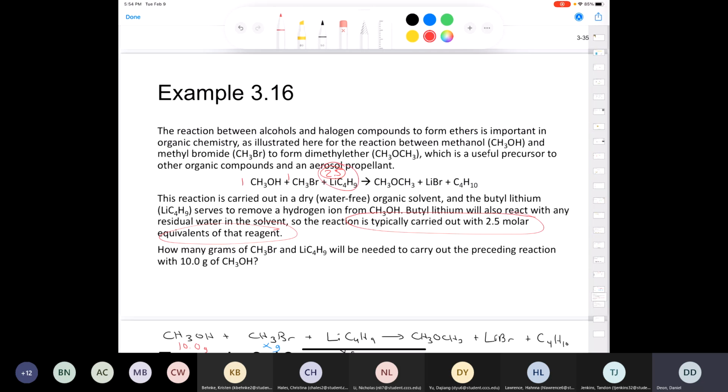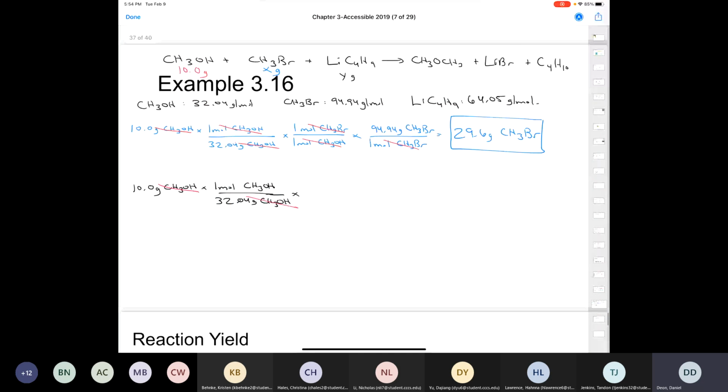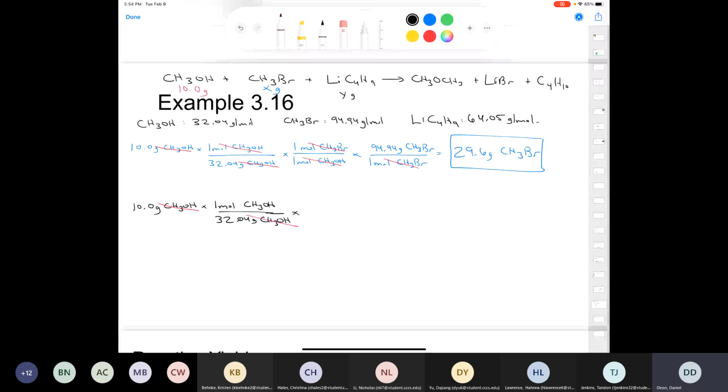They're saying you add extra, okay? That's what they're telling you. So we need to put 2.5. So again, even though the equation is balanced, they're saying in order to get it to work, for every 1 mole of methanol, you use 2.5 moles of butyllithium. And I know that in 1 mole of butyllithium, C4H9, I have my molar mass, which was 64.05 grams of butyllithium, like that.